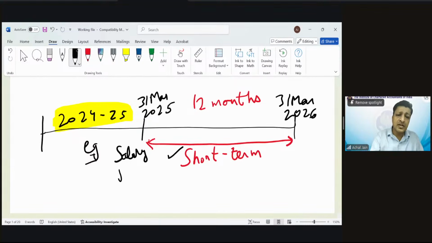Similarly, if there's any bonus, when will that be paid? Let's suppose it will be paid around Diwali, as it's the practice of the company to pay that amount. That is in October 2025, pertaining to financial year 24-25. So that is again a short-term employee benefit. Clear on this? Everyone clear? What is a short-term employee benefit?